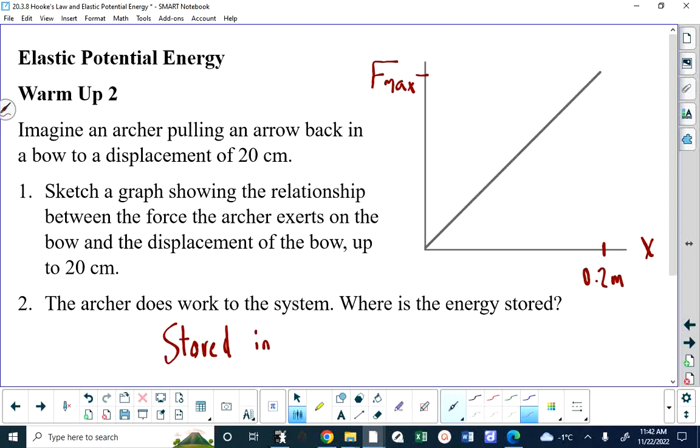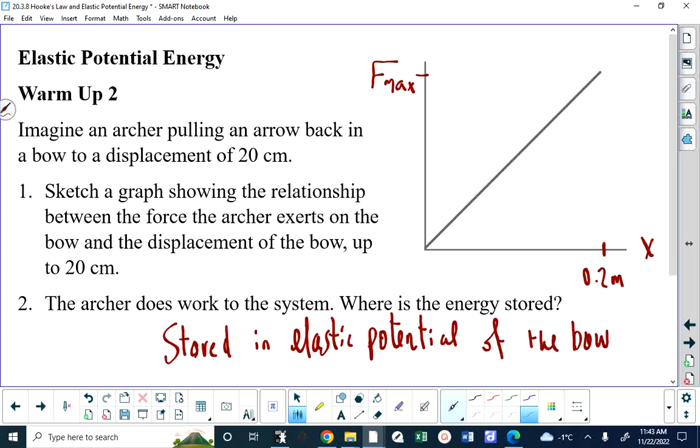So stored in elastic potential energy. I'm going to change my mind and say of the bow. I don't want to say elastic potential energy of an arrow because an arrow isn't elastic in nature. It isn't springy. I could say spring potential energy. There's no difference. It's a springy system.